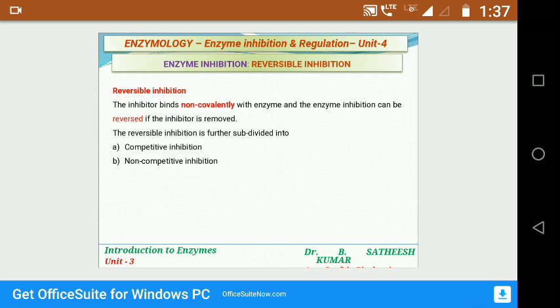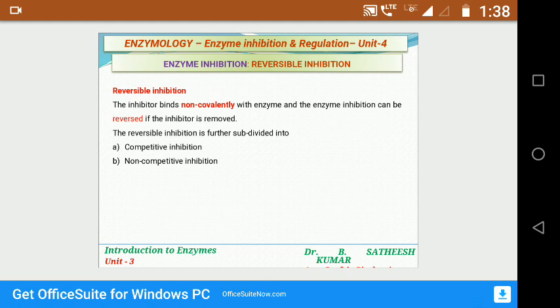Why does the inhibitor easily bind and come out of the enzyme? Like the substrate, the inhibitor also binds the enzyme with non-covalent interactions. That is why the interaction between enzyme and inhibitor is very weak. Therefore, if the inhibitor binds, the enzyme will be inhibited, and if the inhibitor is released from the enzyme, then the enzyme will once again be active.